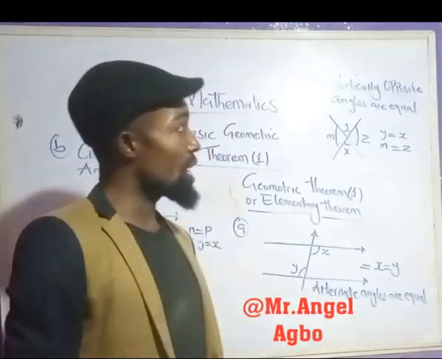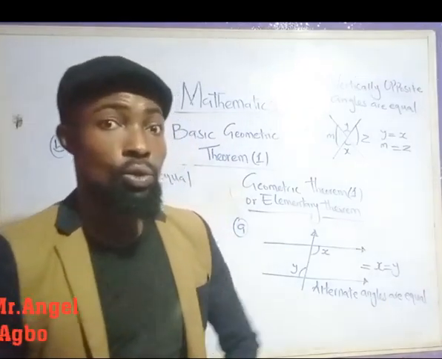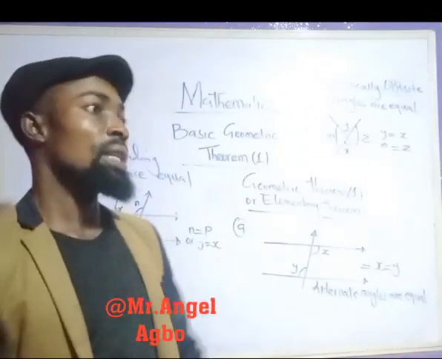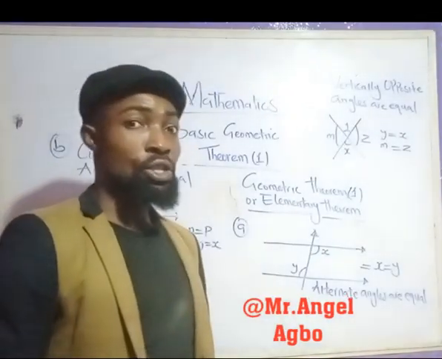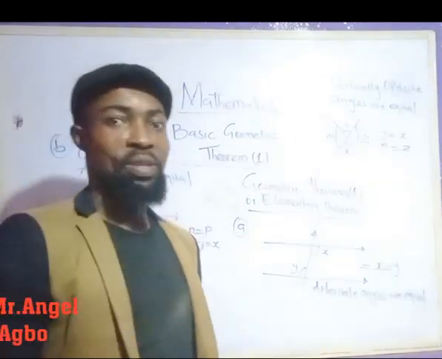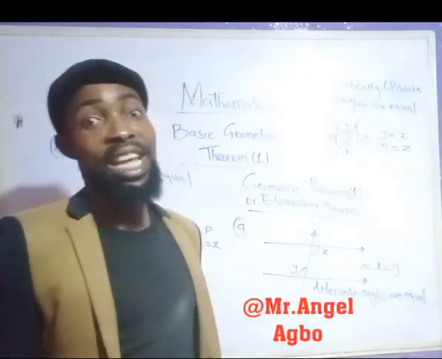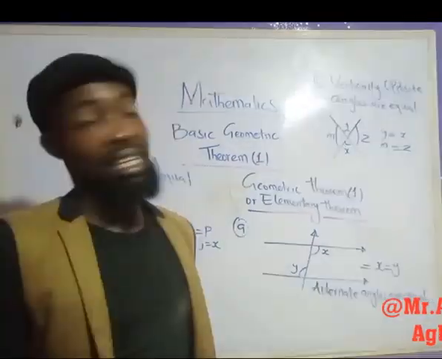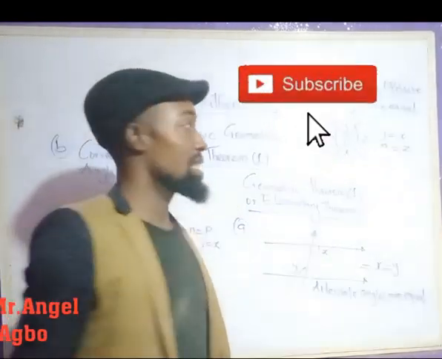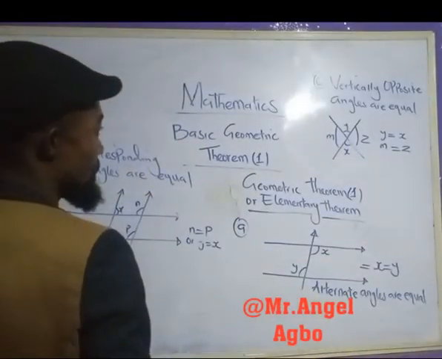Now the third one is saying vertically opposite angles are also equal. Now we are moving to where we are going to prove that what we are saying is actually correct. So let's go into that.